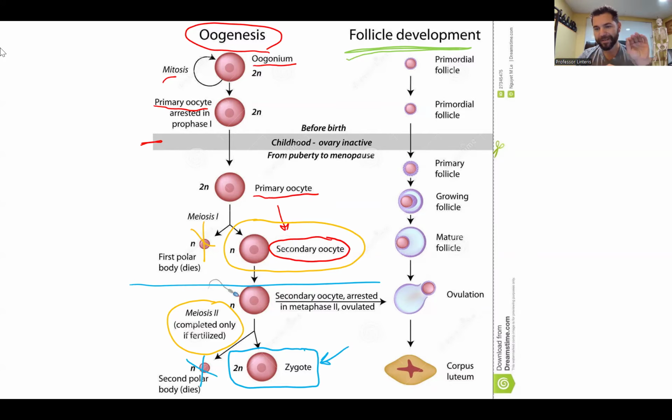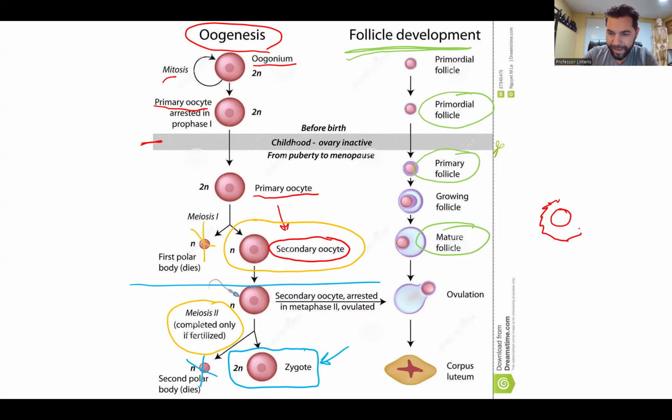So the main difference is that oogenesis is specifically that egg. All the pictures we're going to see as we move forward are primordial follicles, primary follicles, mature follicles, ovulation, and the corpus luteum. You can see here, if this was our oocyte, these things have cells hanging out around them. Sometimes they even have more cells around them.